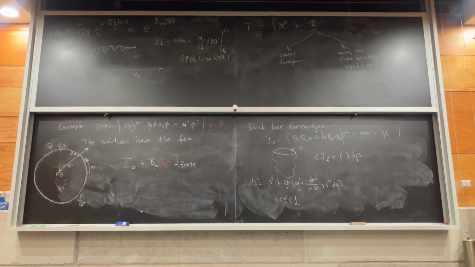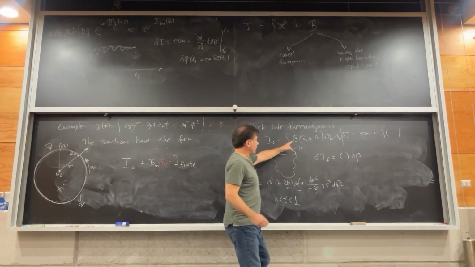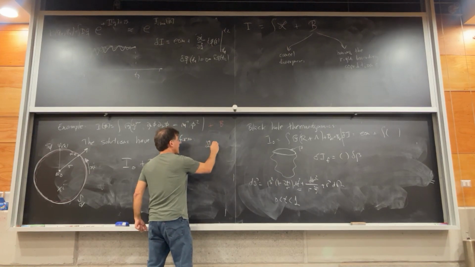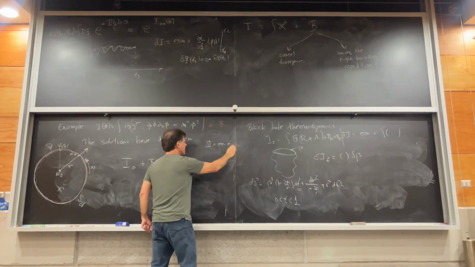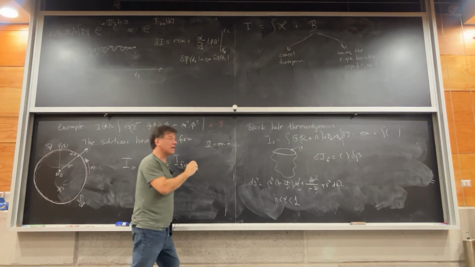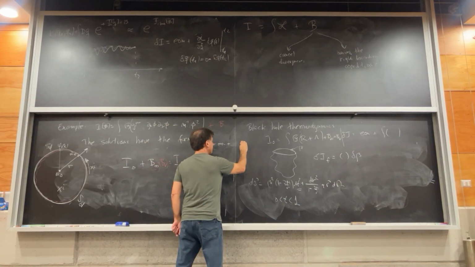Okay, very quickly, in the black hole case, if you start with this action, when you consider the evaluation of the action, of course you get the equation of motion, and then you subtract the divergences.